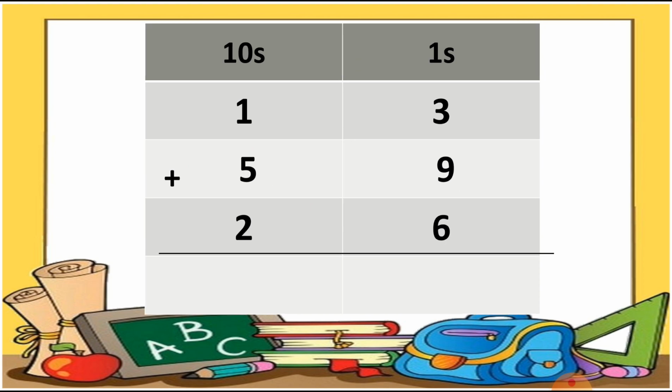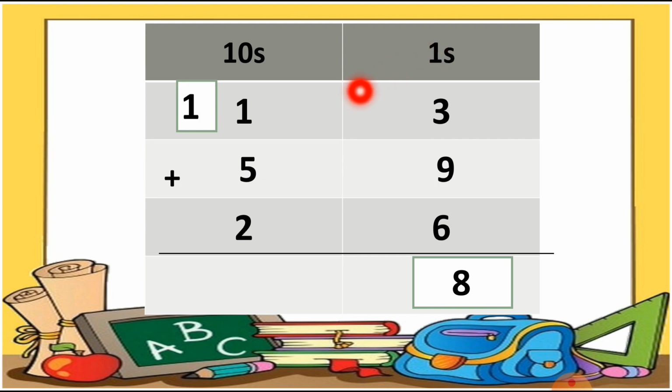Now let's move to the next example. Here the ones column is 3 plus 9 plus 6. So the total of this column is 18. Now from this number 18, the last digit, the ones place, is 8. So we can write down number 8 at the ones column and 1 will move to the tens column.